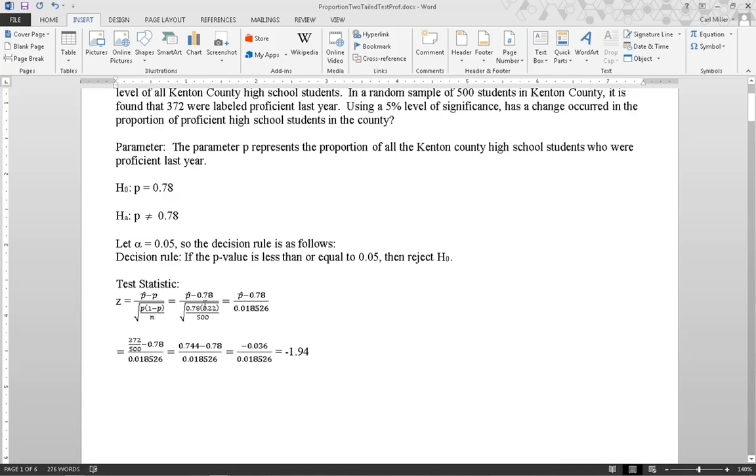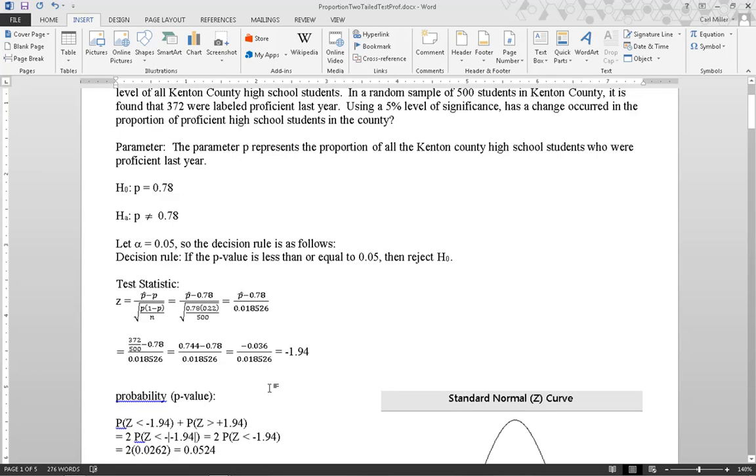Adding the information from the sample, 372 divided by 500 is 0.744, minus 0.78 is the numerator of negative 0.036, divided by that denominator gives me the z-score of negative 1.94. Next comes the probability.